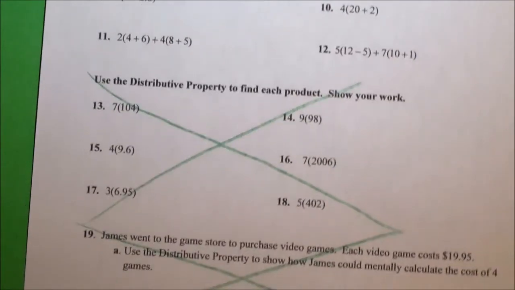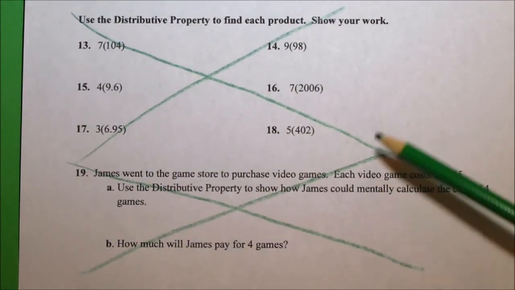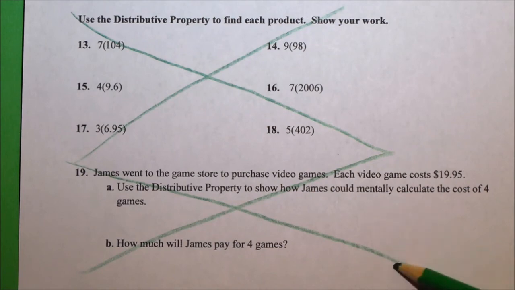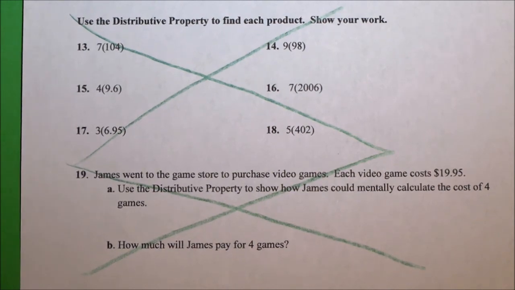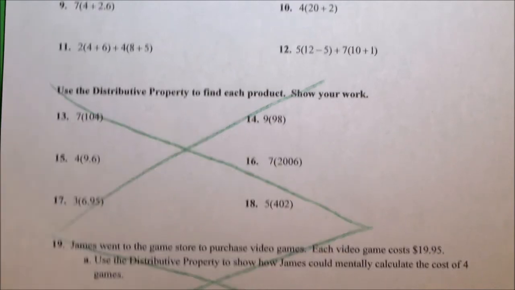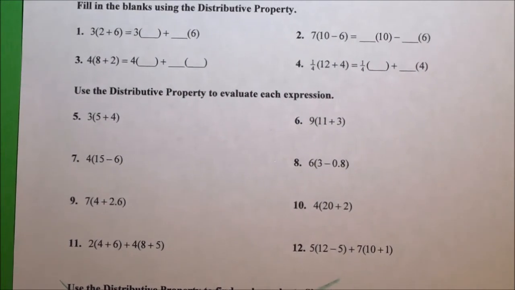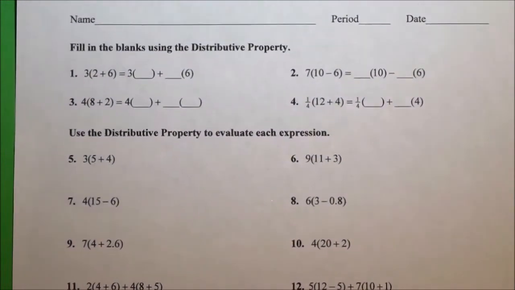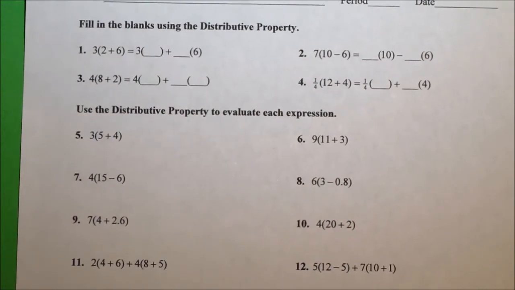The reason being is this part, which we don't go into in our notes, shows how to use some mental math using the distributive property, and we go over that in a Win Math class, not during our regular class. So right now, just cross those out, and your assignment is simply problems 1 through 12 on this worksheet.